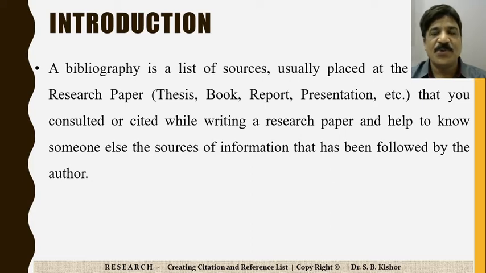If you are going to copy particular information from those materials and use it in your research paper or thesis, you need to cite them. This is referred to as a citation. And at the end, you need to generate a references list based on the citations. All of this is possible in MS Word.